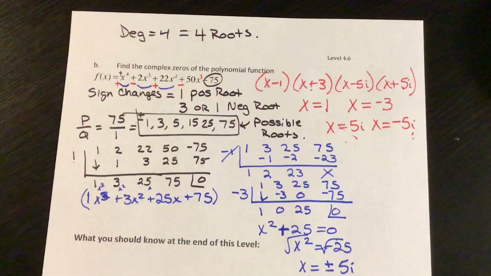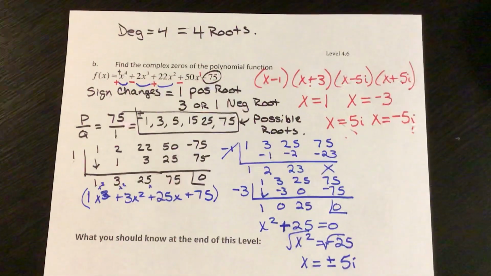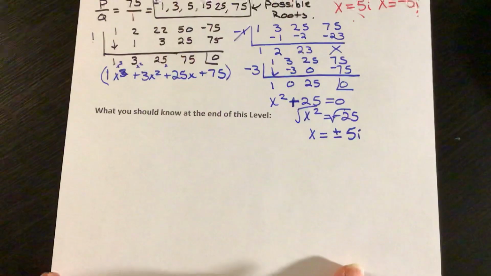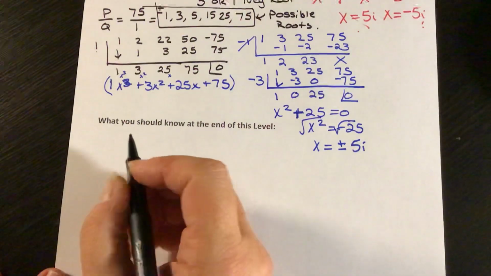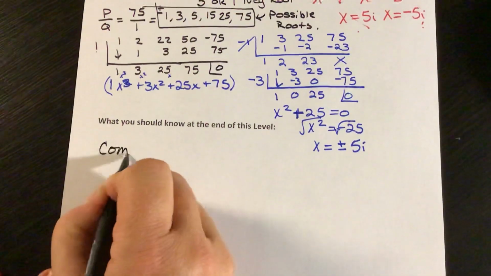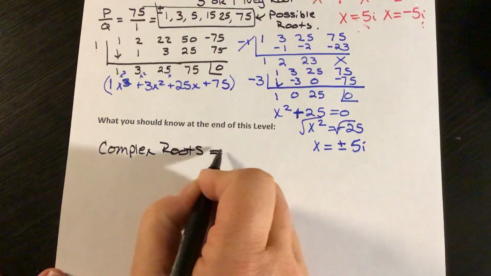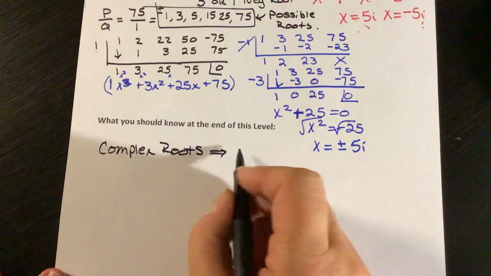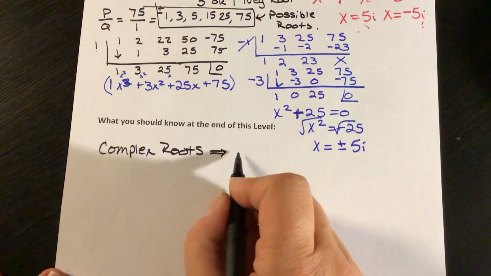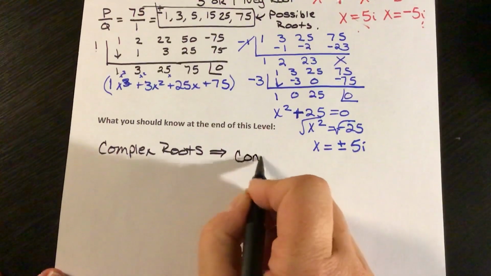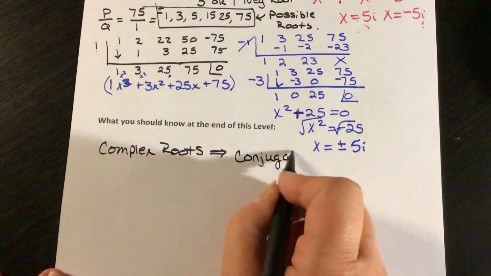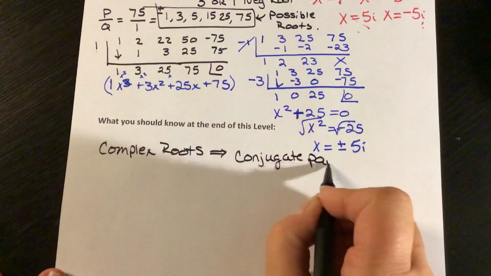So from what we've gone over, this is what you should get out of this. So complex roots. If I have imaginary numbers, they come in pairs. So I have conjugate pairs.